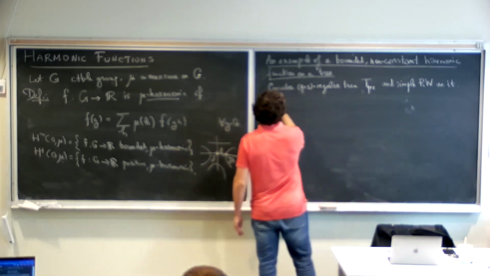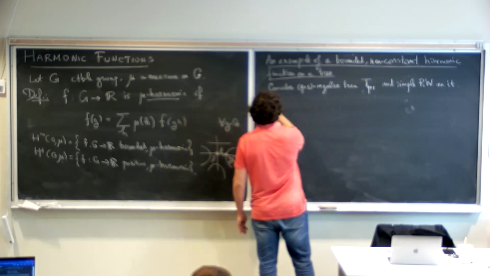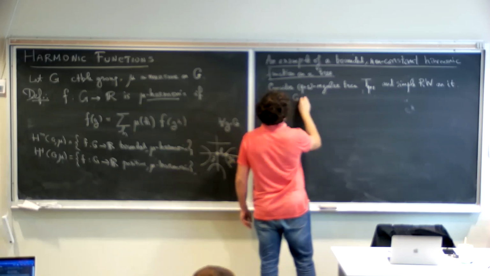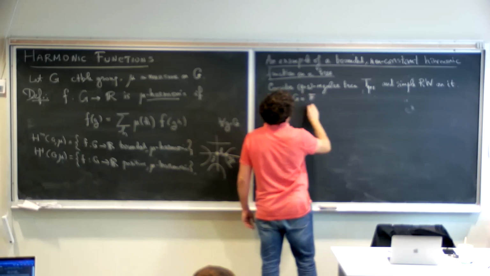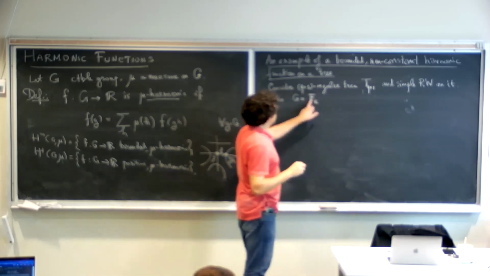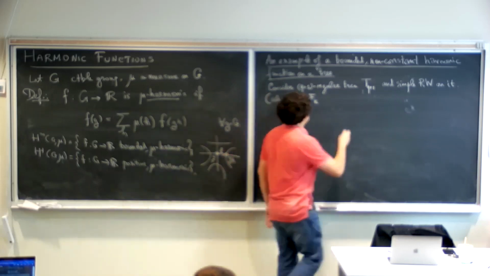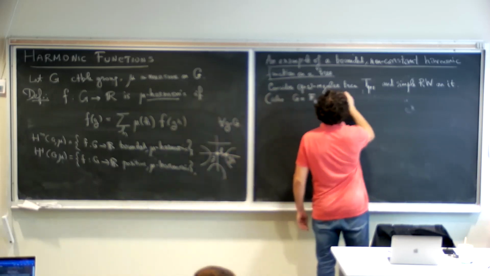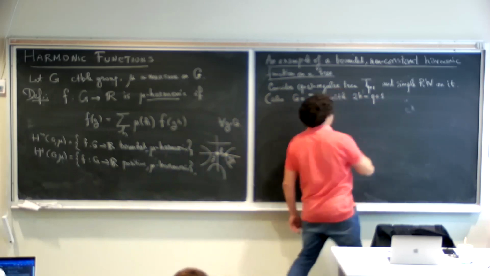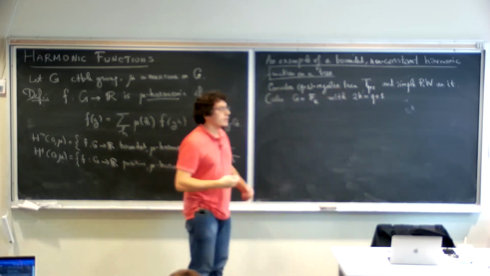So in terms of groups, similarly, right. You can also take G to be the free group on k generators, where of course 2k is q plus 1. Same thing.